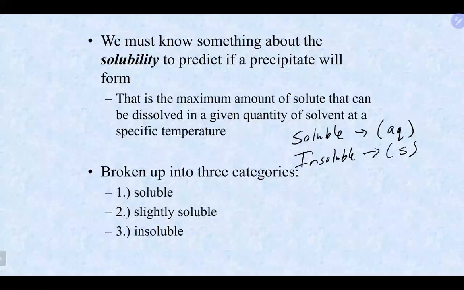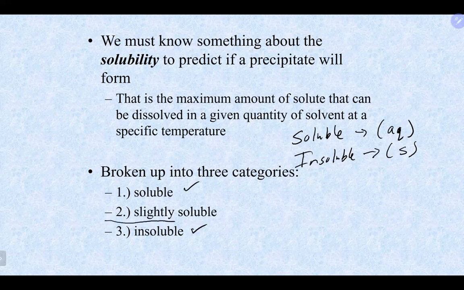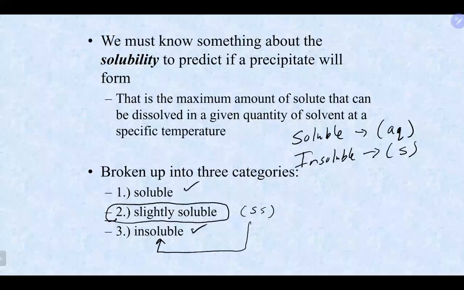When we talk about it, soluble and insoluble are mainly the things that we see. Occasionally, you come across things labeled as slightly soluble, which sometimes has an SS symbol next to it rather than an I or an S. Slightly soluble in most cases leans towards being insoluble. Slightly soluble means, just like the name implies, that some of it will dissolve and some of it won't.